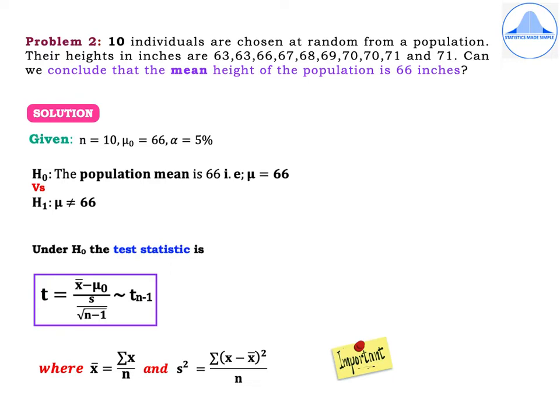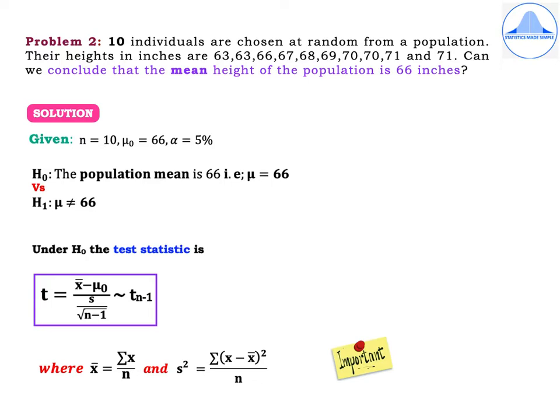Let us write H naught. The population mean is 66, that is mu is equal to 66 versus H1, mu is not equal to 66. So this is a two-tailed test since the words like greater, less than, above, below are not used.